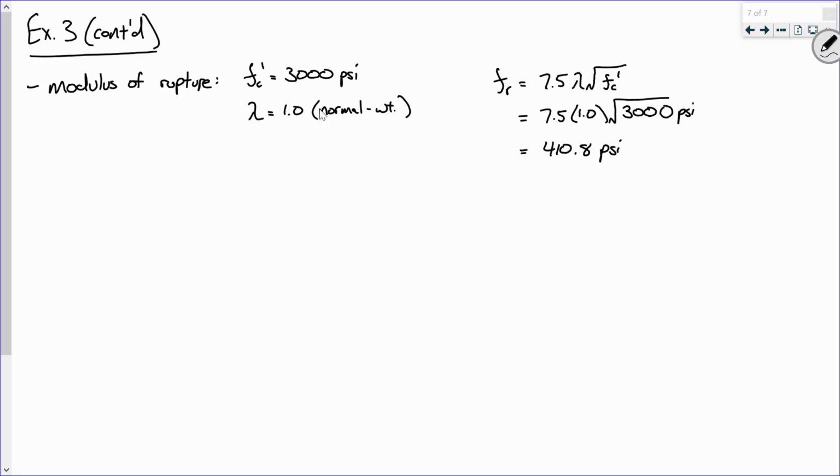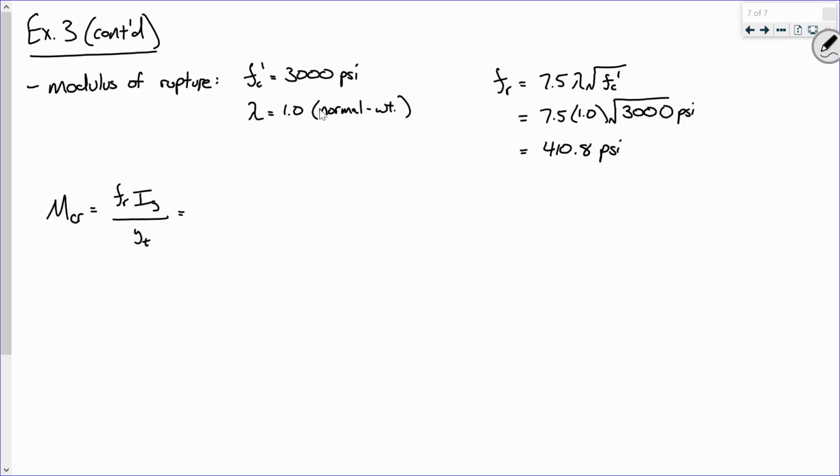Okay. Now, what am I going to use the modulus of rupture to compute? What do I need that for? The moment that it cracks, the cracking moment. So the cracking moment is computed as follows. You tell me, what's the formula? f_r times I divided by y_t.